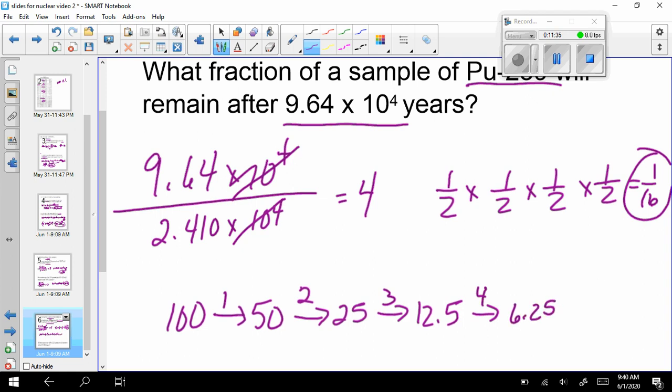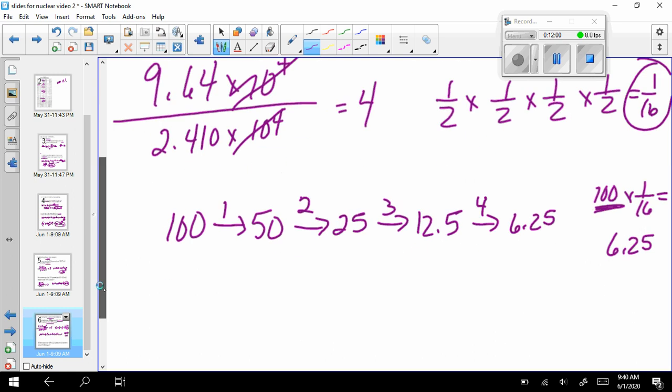If you take 100 times 1/16, it will give you 6.25. So it is another way of doing the problems asking you how many grams remain. If you don't like doing all of the arrows, you could always do this, figure out the fraction and multiply your starting value times this, and it will give you the same answer.